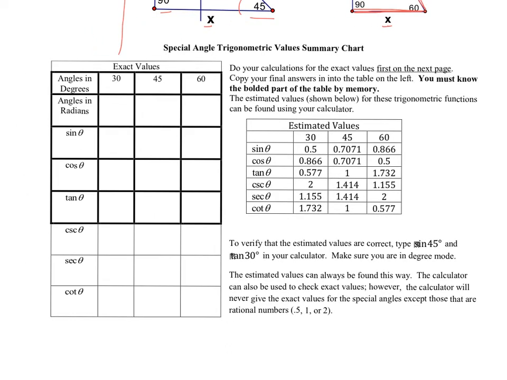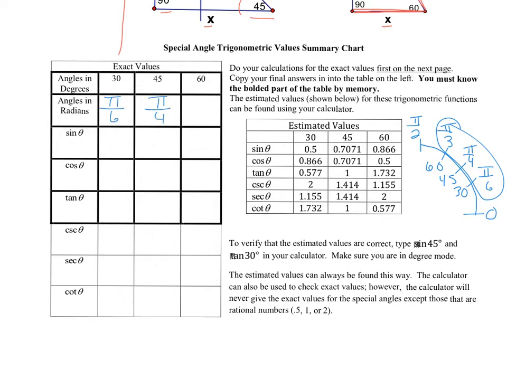If you remember from yesterday or last lesson, we had this piece of the unit circle, and we said that this was 0 and pi over 2, and using logical reasoning, when we had 30 degrees, we said that was pi over 6, 45 was pi over 4, half of pi over 2, and then 60 was pi over 3. So we're just going to copy these values into our chart. 30 is pi over 6, pi over 4, and then pi over 3.